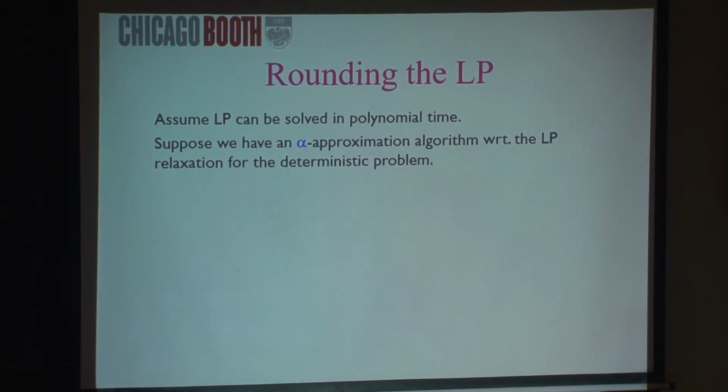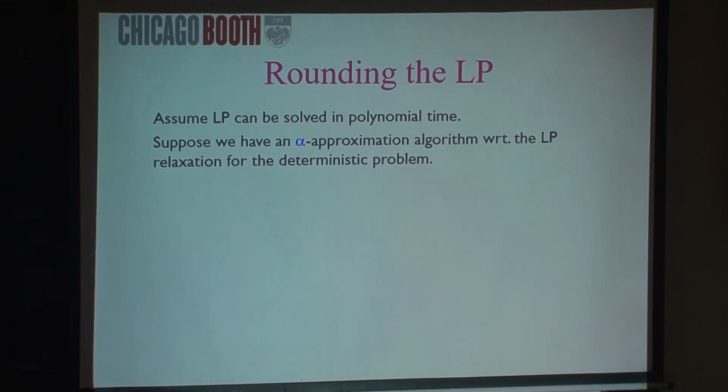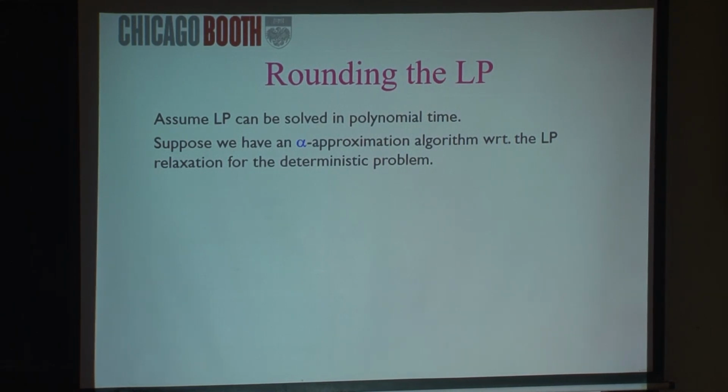I'd like to have an algorithm so that the base of it is something like a linear program. So we'd like to be able to solve linear programs in order to get our solution to this stochastic program.